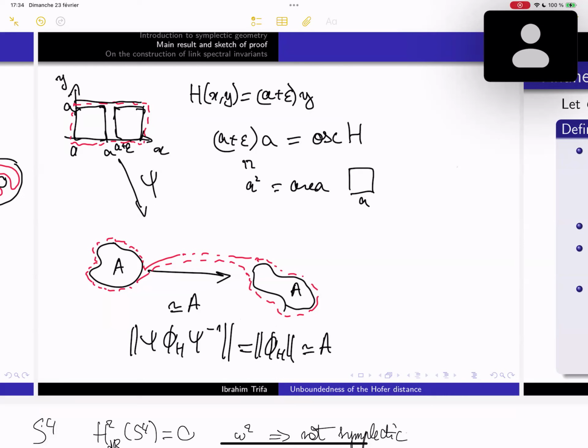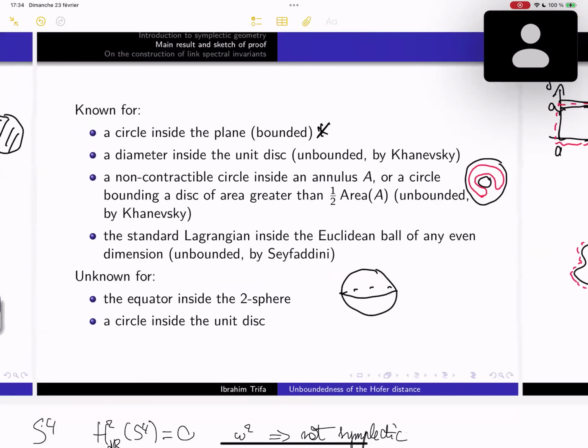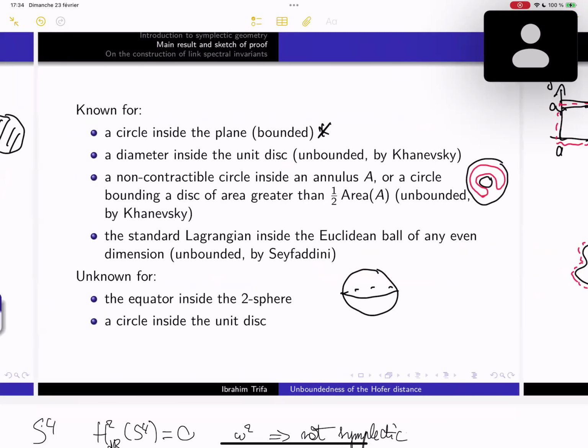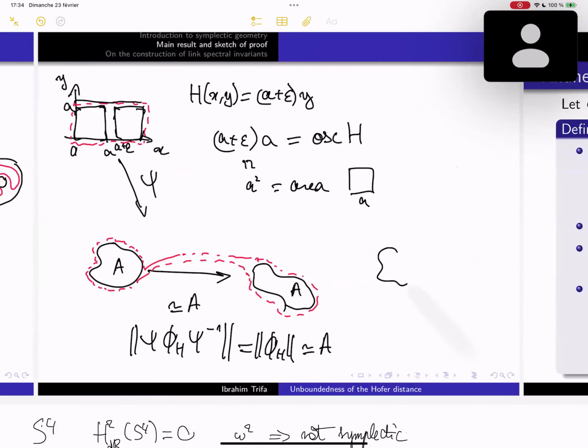So now I can prove the result I had here. If I take a circle inside the plane and I have my circle, and any circle that is Hamiltonian isotopic to this one, if the second circle is disjoint from it, then I can move from one to the other and stay at a distance A. But we are fine if the two circles are disjoint, but if they intersect each other, then what I can do is, so this is L0, this is L. I can find some circle L prime disjoint from both of them.